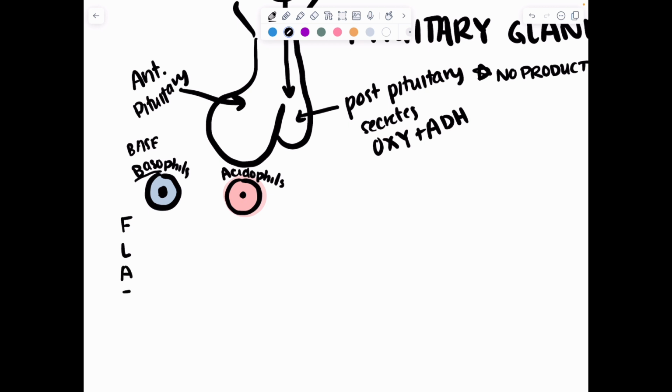So FLAT. F stands for follicle stimulating hormone, FSH. That is going to stimulate the follicles either in the testes or the ovaries, so creating eggs or creating sperm. The L stands for luteinizing hormone, LH. Luteinizing hormone kind of helps with production of estrogen, but it also assists in the release of an egg in a woman.